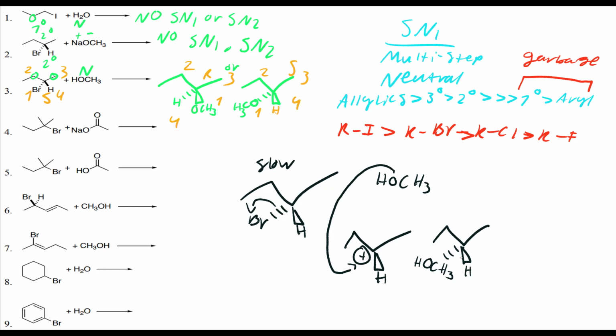And of course, this can occur on the other side. So hydrogen could be in the back. We're going to do it again, doing the other inversion. So that's step 2. But do you see the problem here? Well, the problem here is that that oxygen is attached to a carbon. It's also attached to another carbon, and then it's attached to this hydrogen.